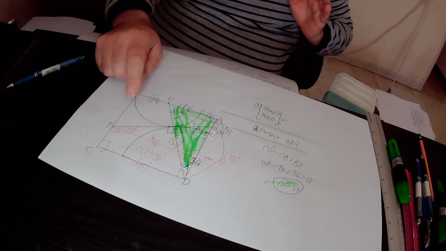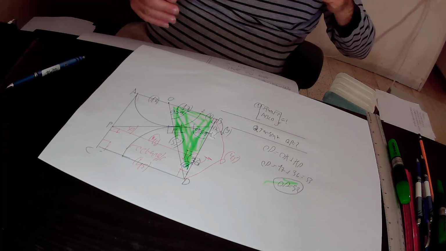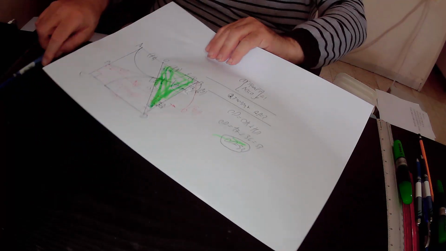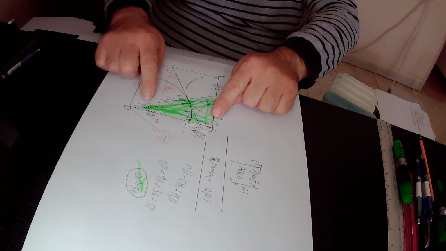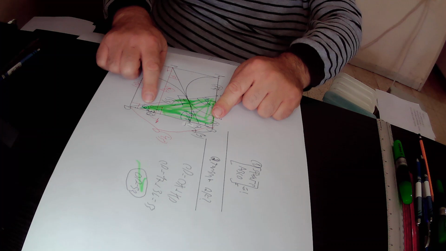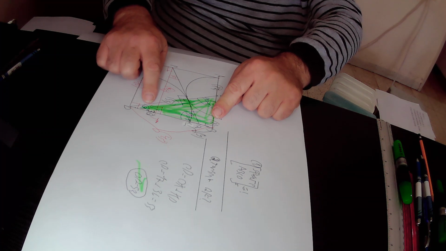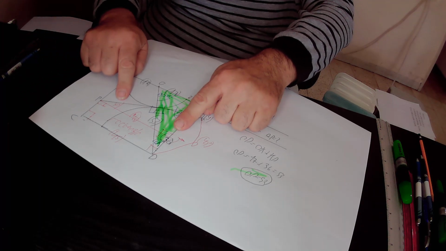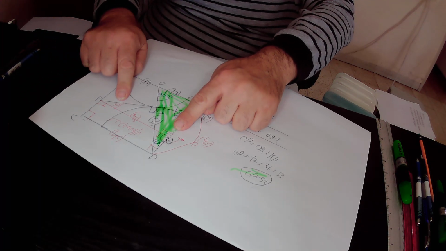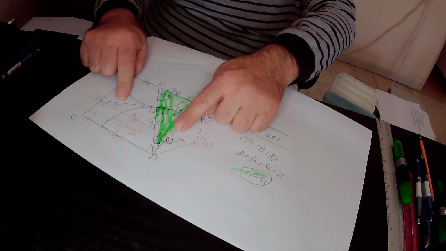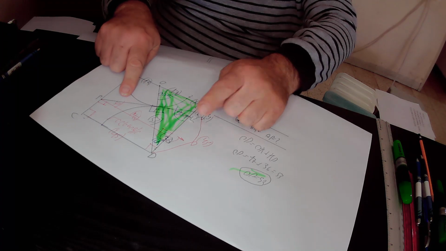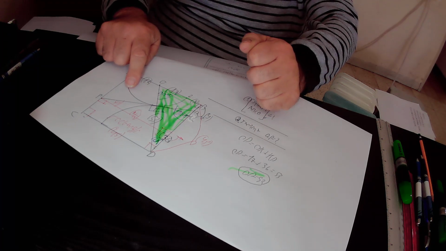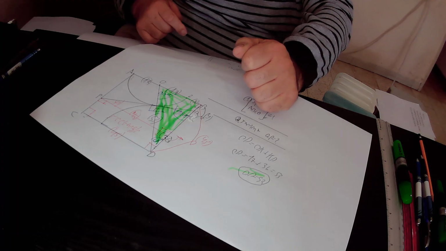Therefore those two right triangles can go into each other according to the angle side angle rule.